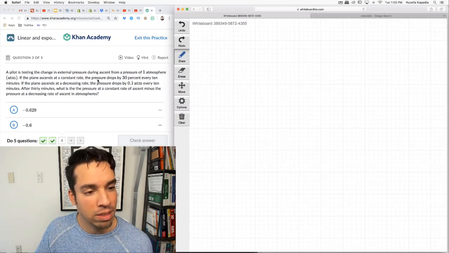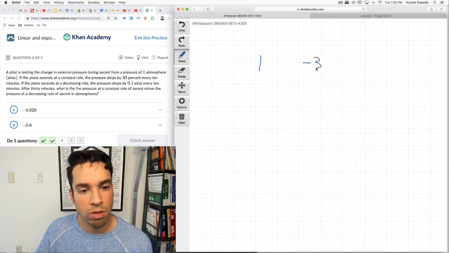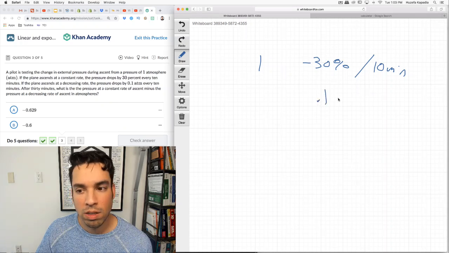A pilot is testing the change in external pressure during ascent from a pressure of 1 atmosphere. If the plane ascends at a constant rate, the pressure drops by 30% every 10 minutes. If the plane ascends at a decreasing rate, the pressure drops by 0.1 atmospheres every 10 minutes.